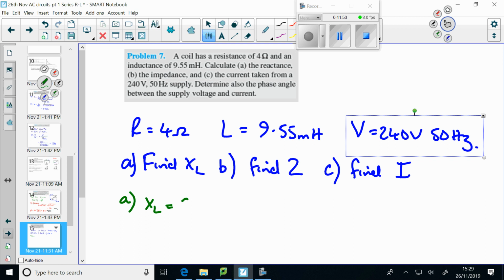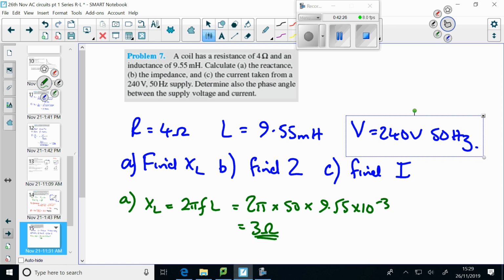So 2 pi FL, take the -3, remember, for milli. Three ohms. So that's part A.